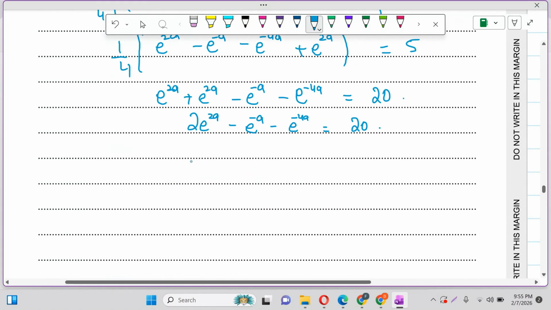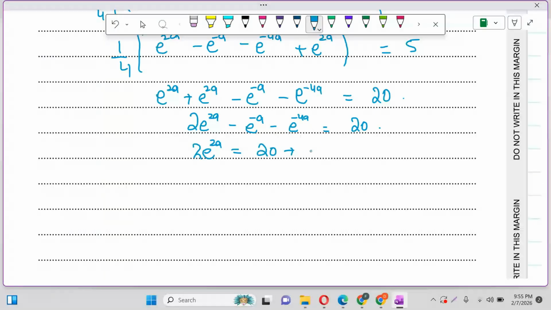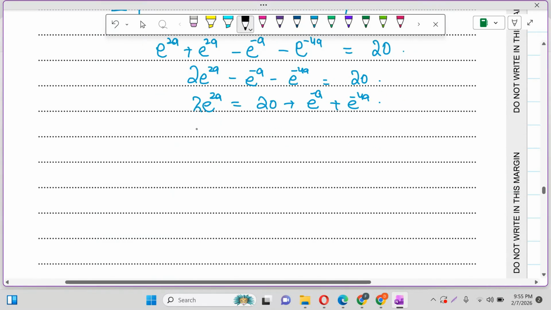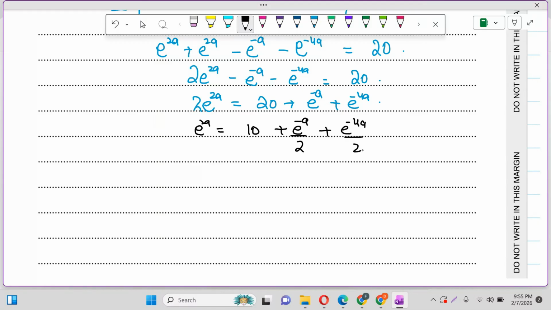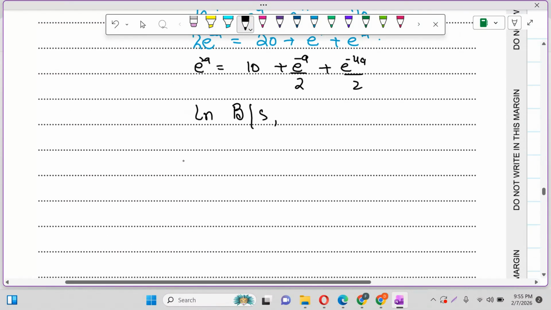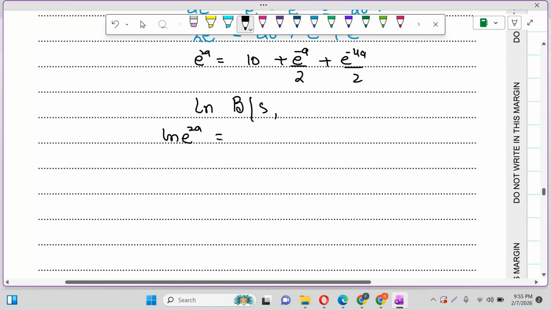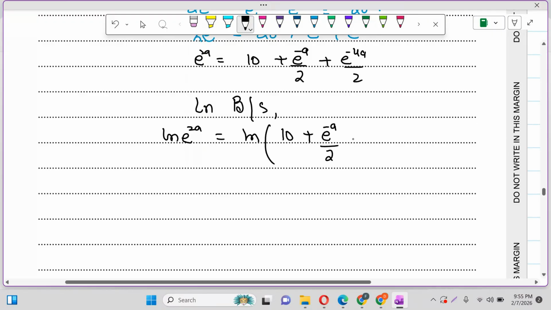Further solving, we will have 2 times exponential of 2a is equal to 20 plus exponential of negative a plus exponential of negative 4a. Exponential of 2a is equal to 10 plus exponential of negative a over 2 plus exponential of negative 4a over 2. Now taking natural logarithm on both sides, we will have ln exponential of 2a is equal to ln of 10 plus exponential of negative a over 2 plus exponential of negative 4a over 2.